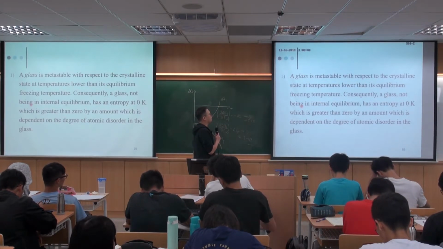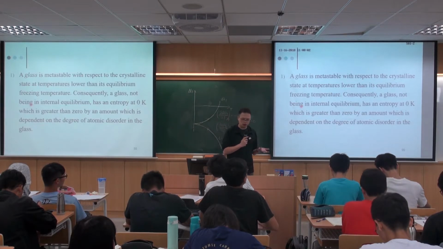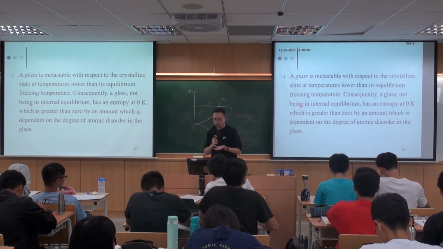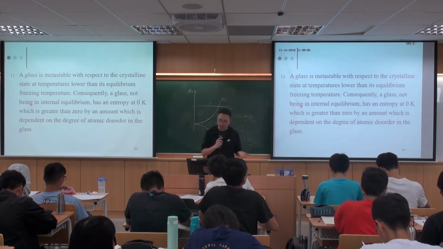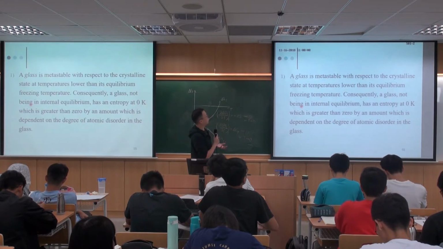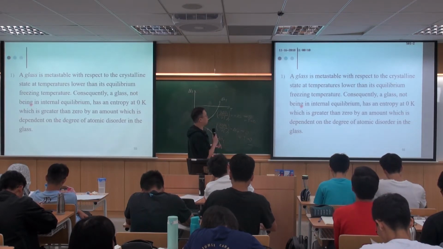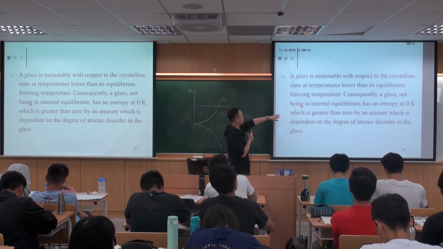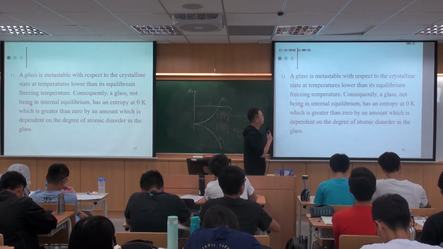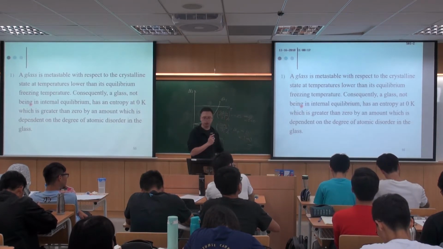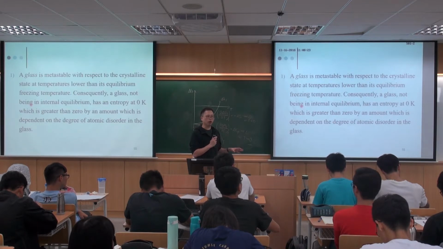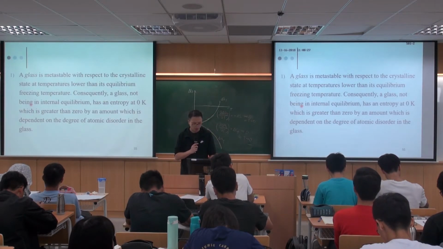So even when you cool down to 0 temperature, as long as it's in the glassy form, it's not in perfect equilibrium with the environment. So a glass cannot have an internal equilibrium even down to 0 Kelvin. So it should have some certain amount of entropy or randomness at 0 Kelvin. Okay, so that's one example.